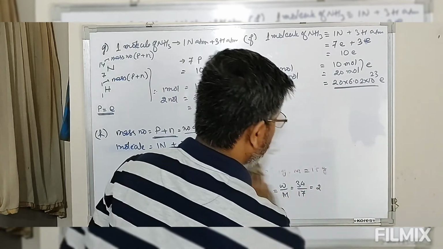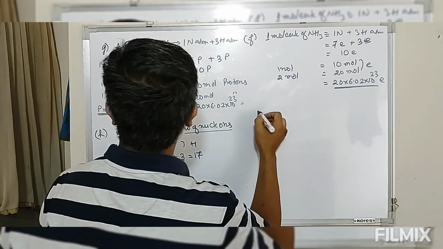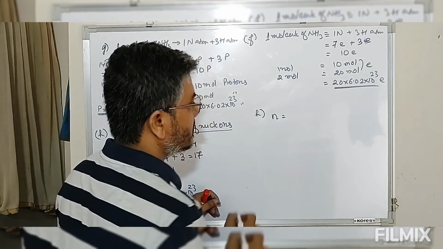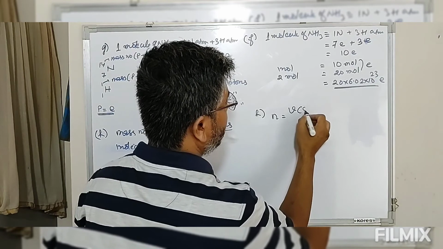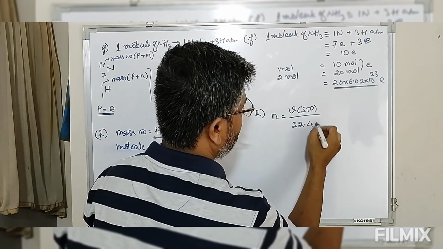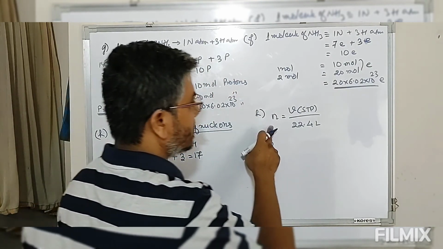Then we have last, the volume occupied by gas. So now look at this, number of moles is equal to volume occupied by gas at STP divided by molar volume, that is 22.4 liters. We have defined the number of moles as 2.